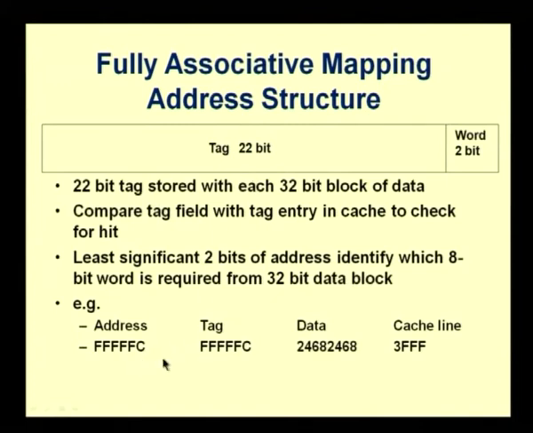Remember C is 1100, so 00 will be the one that is used to identify the word. Your 22 bits, FFFFF and C 11, all this will form your tag bits, and whatever data is over there, that particular cache line will be accessed. This is what will happen in the case of a fully associative mapping.